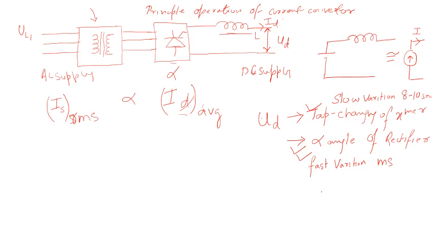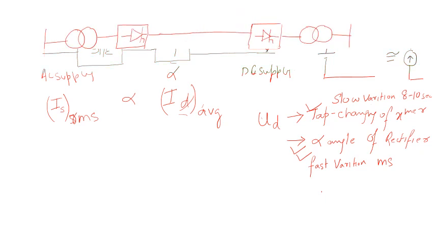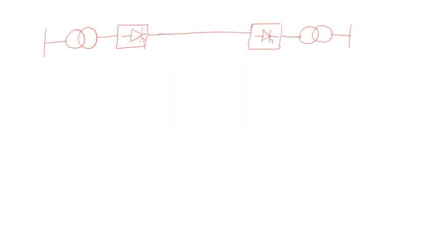Next is the power flow equations of your HVDC line. Here we have to assume something: this is one of the buses, that is your UD1, the DC side rectifier voltage.